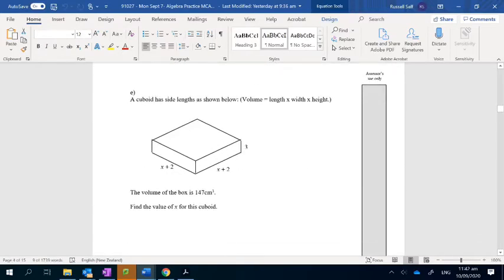Okay. This one made me sad a little, because again, it's just substitution. And one of you did an amazing job of knowing something. Somebody just went, hey, an (x plus 2) times an (x plus 2) is a square.